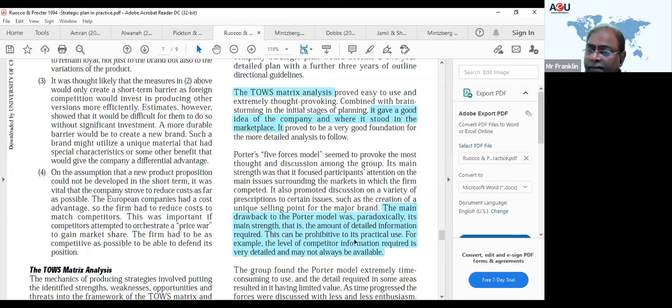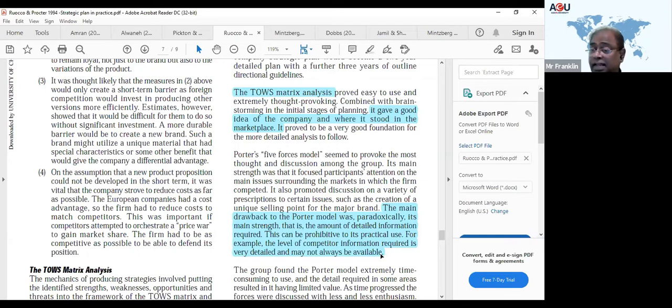This can be prohibitive to its practical use. For example, the level of competitor information is very detailed and may not always be available. If you want to talk about the level of competitor details, you don't get all the information because people don't want to reveal information. So that itself is a challenge. You can't get it, so you cannot really identify the competitive threat that you are facing.